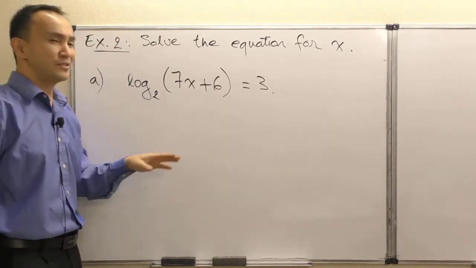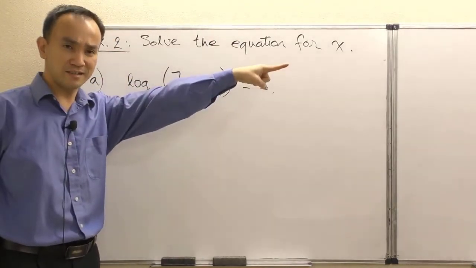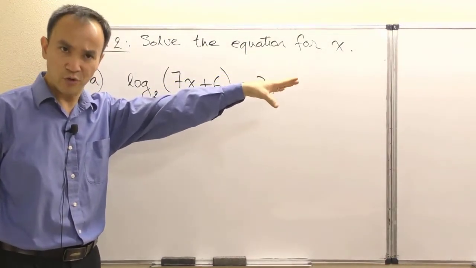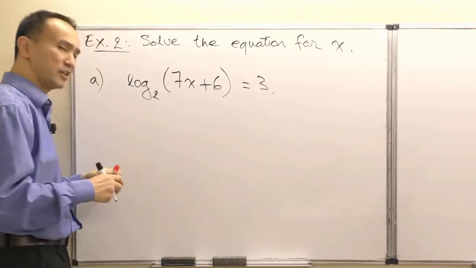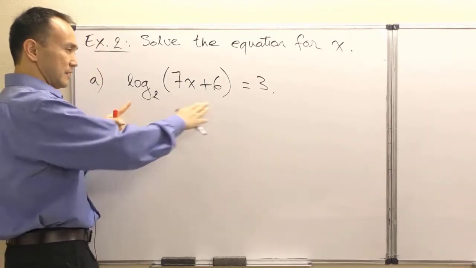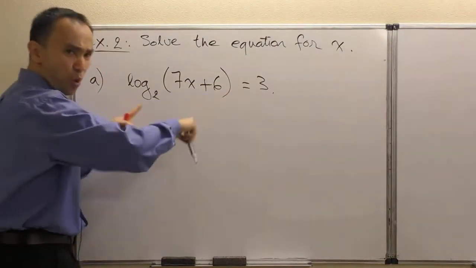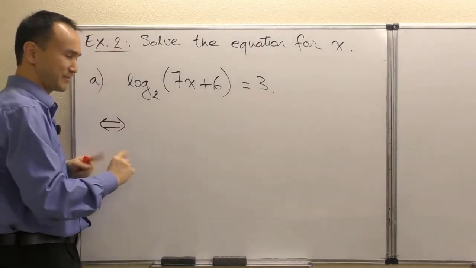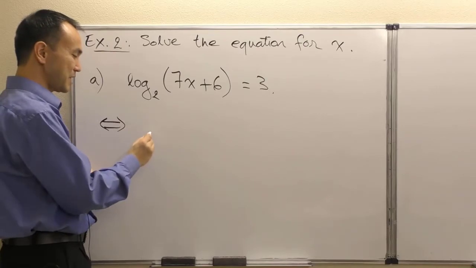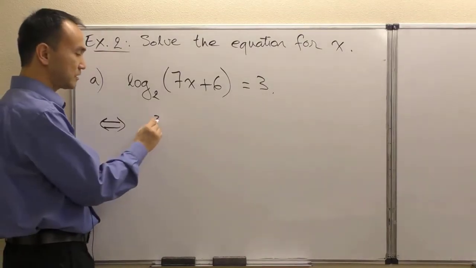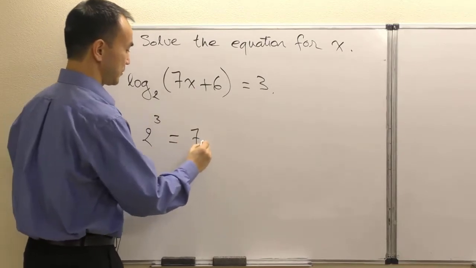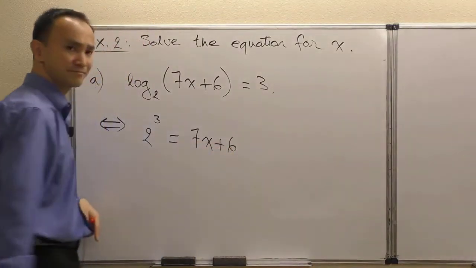Now directly applying that basic definition I had on the other board, which I introduced long ago for anyone learning with me, this equation means the same as the following: base 2 raised to the third power equals 7x plus 6.